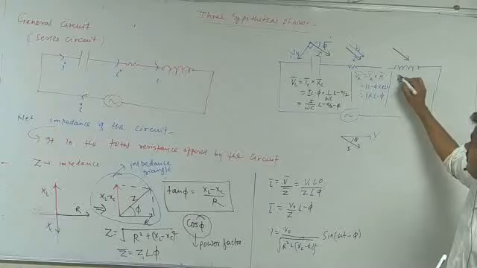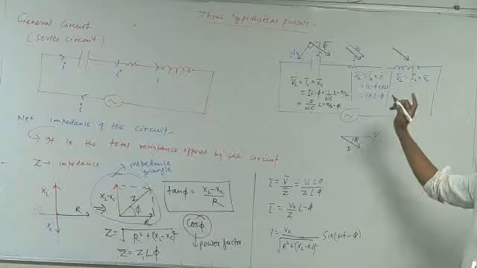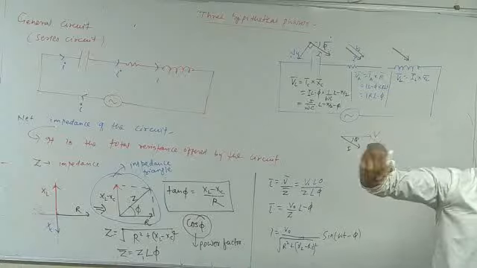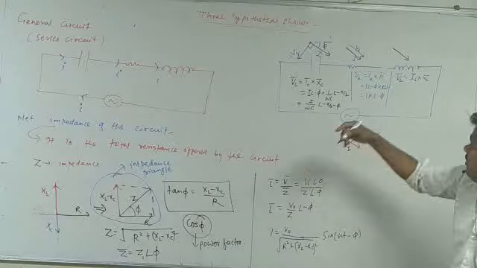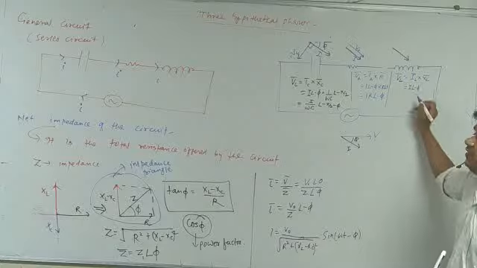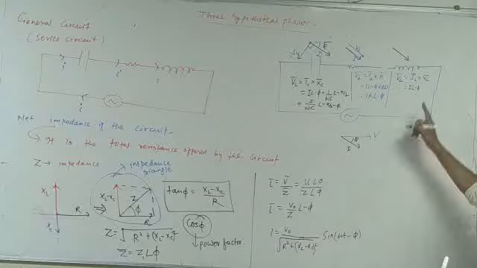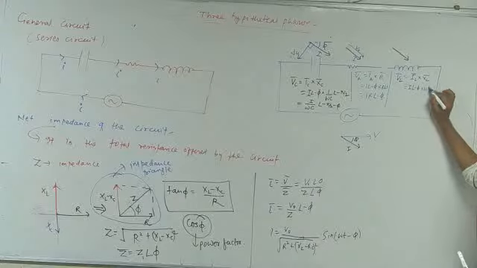Whereas if I write the voltage across the inductor, V across inductor will be I phasor times XL phasor. Everything is the same; only instead of simple IR, I am writing I phasor times R phasor. I phasor is I angle minus phi, and XL phasor is omega L angle pi by 2.